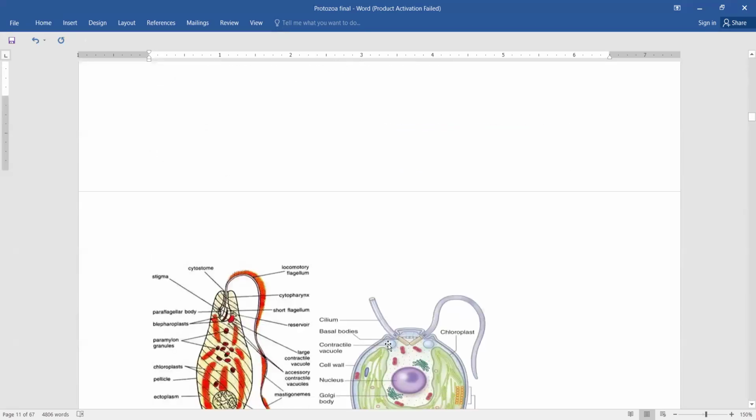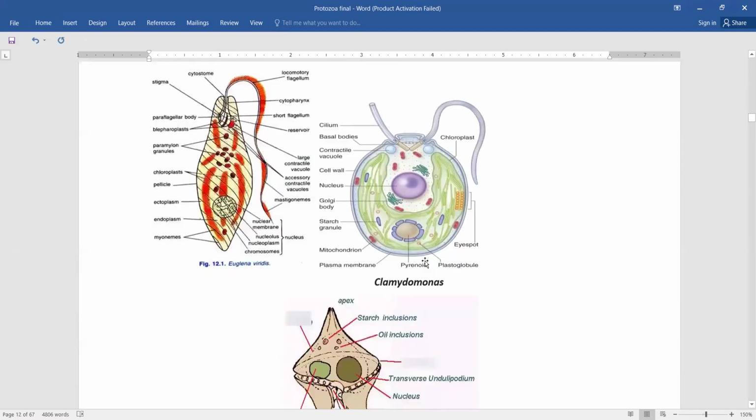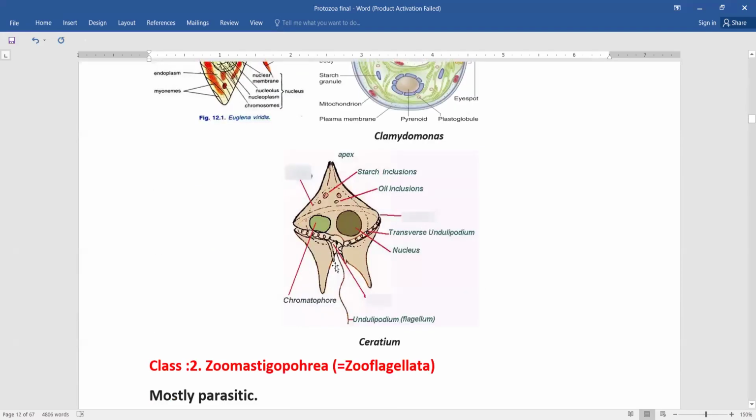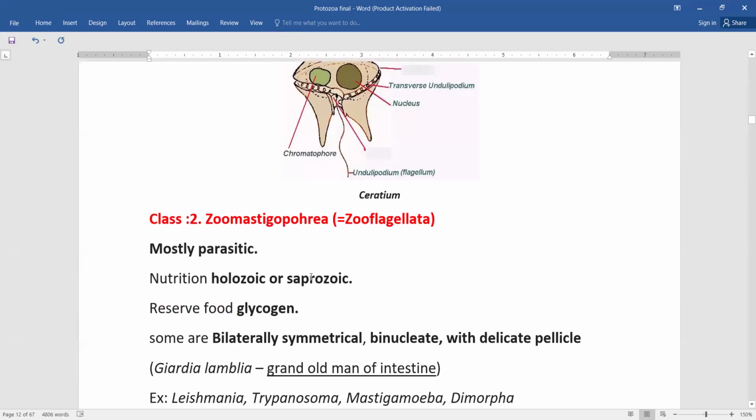So this is Euglena, this is Chlamydomonas, this is Ceratium. All these are the Phytomastigophora.